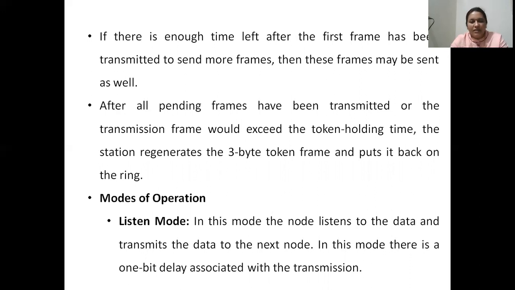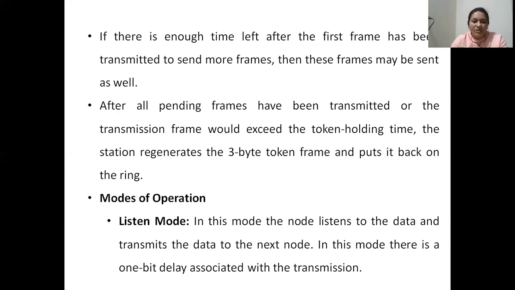The token ring network operates in 3 different modes. The first mode is listen mode. In this mode, the node in the network will listen to the data and transmit the data to the next node, meaning that the node is not the one which is intended to receive the data, but since it's a token ring, between the source and destination, intermediate nodes will be present, and data has to go through these intermediate nodes.